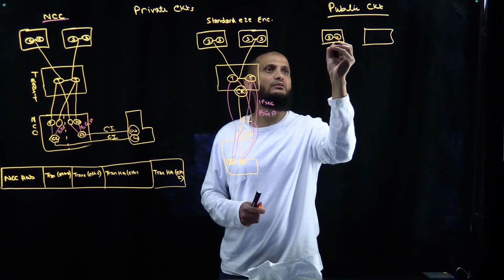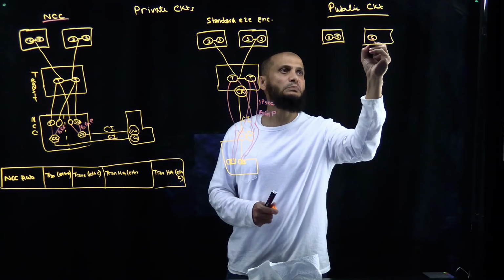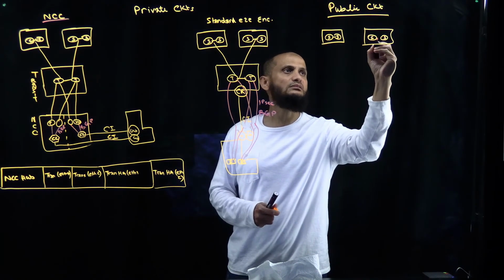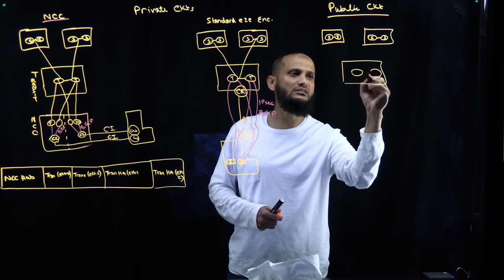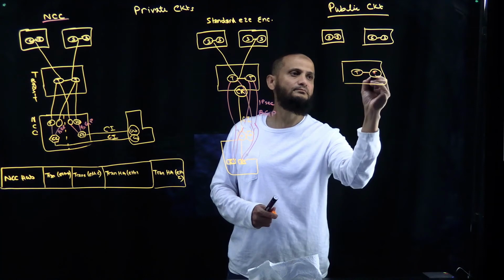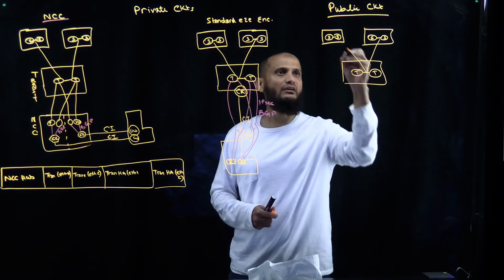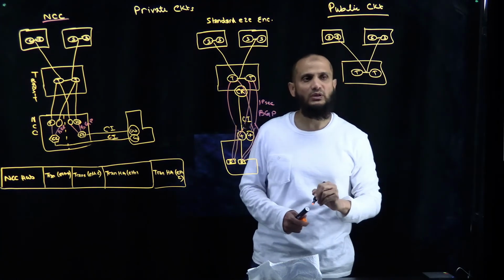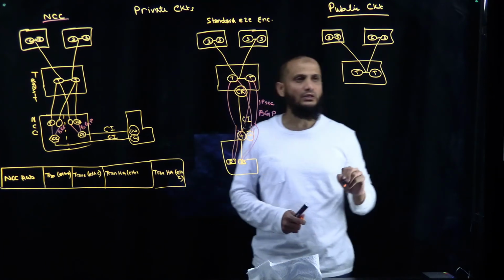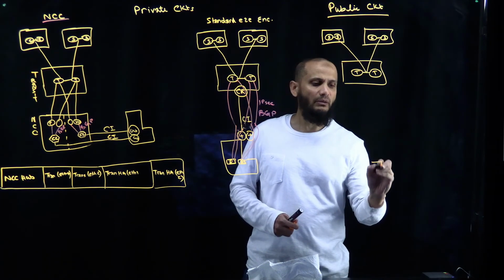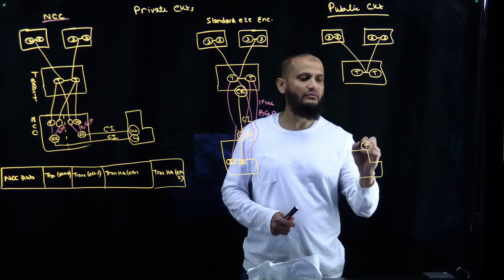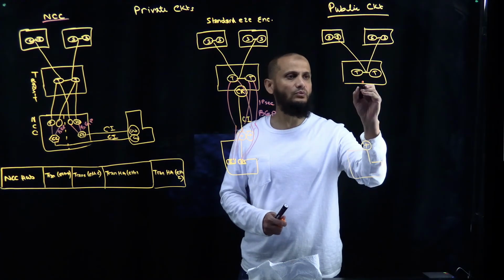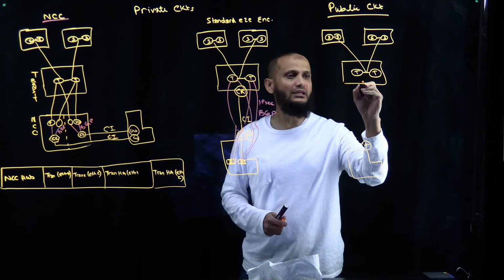So you have spoke VPCs, and then you have transit gateways in the transit VPC. Again, you attach your spoke gateways to the transit gateway. From your on-prem world, you are going to have connectivity using the internet.